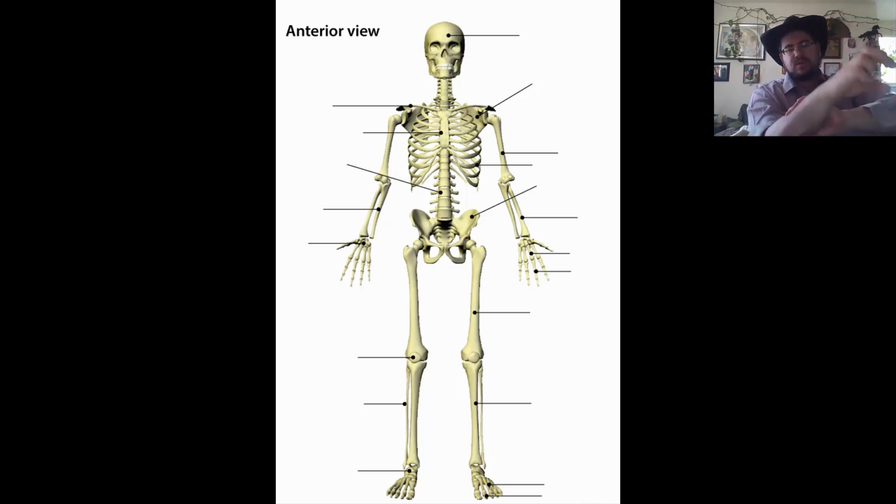So, the radius will rotate around the ulna when you move your arm like this. So, not at the shoulder. This is rotating at the shoulder. But if you rotate while holding your elbow still, that's your radius rotating around the ulna, which is this bone on the pinky side. Ulna is cool because your elbow is literally the back end of the ulna coming out.